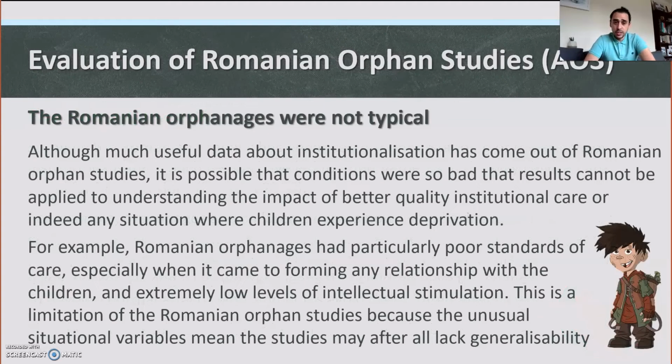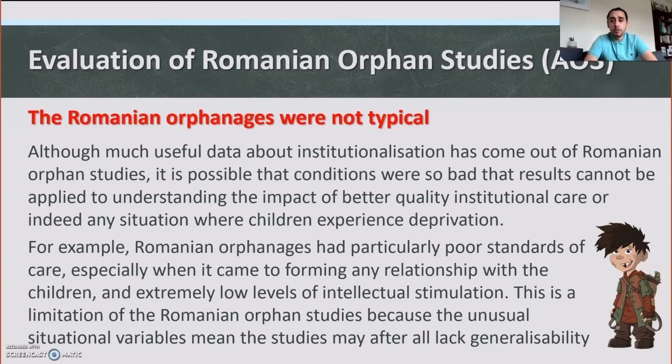One weakness of this research is that the Romanian orphans were not typical. Although much useful data about institutionalization has come out of the Romanian orphan study, it is possible that conditions were so bad that results cannot be applied to understanding the impact of better quality institutional care or indeed any situation where children experience deprivation.